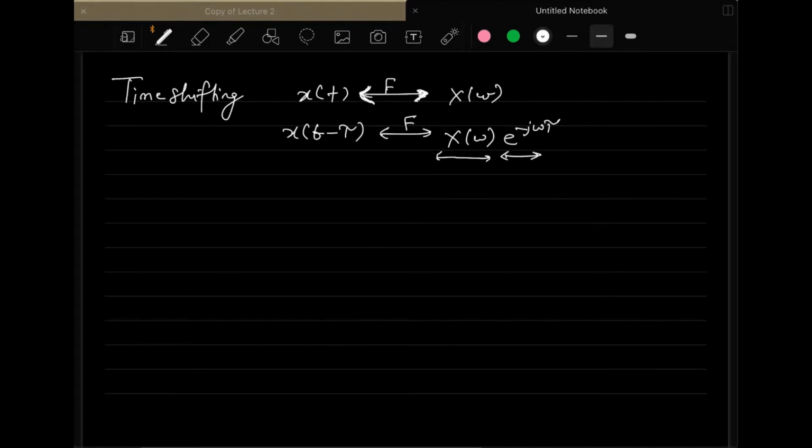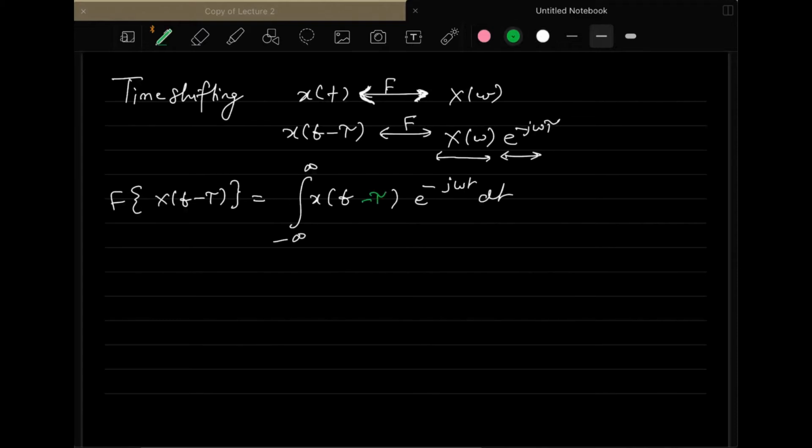Now if you want to prove this, you take the Fourier transform of x(t minus tau). You already know that the Fourier transform of x(t) is the integral from minus infinity to infinity of x(t) e to the power minus j omega t dt. For t minus tau, tau will be there.